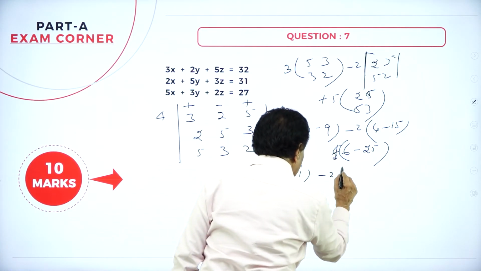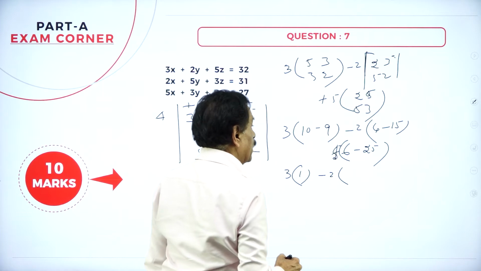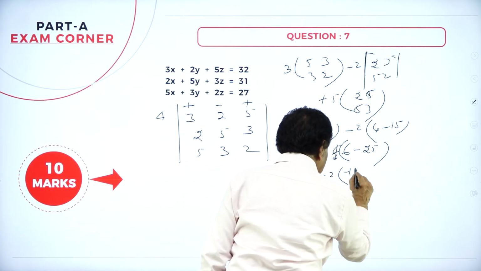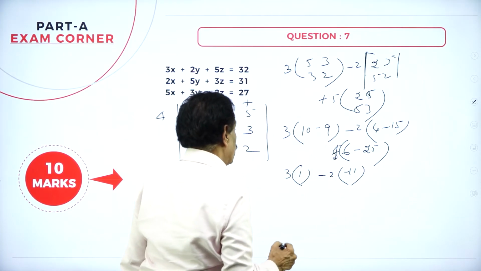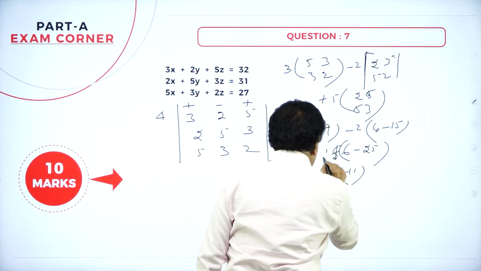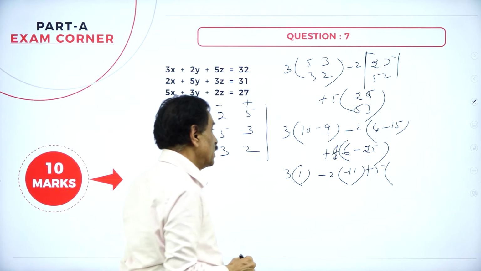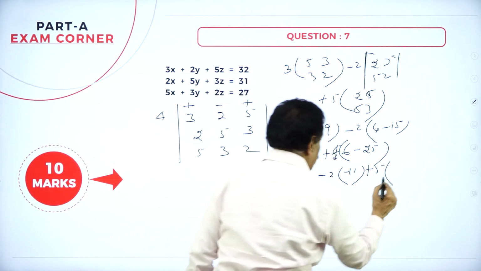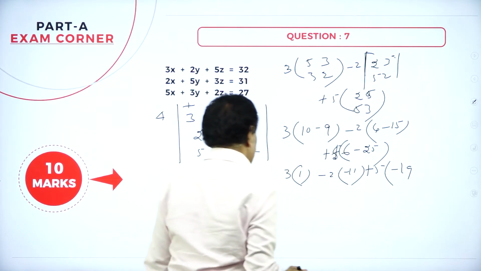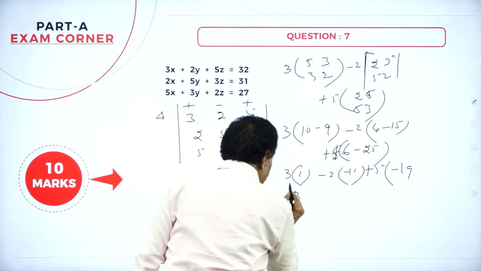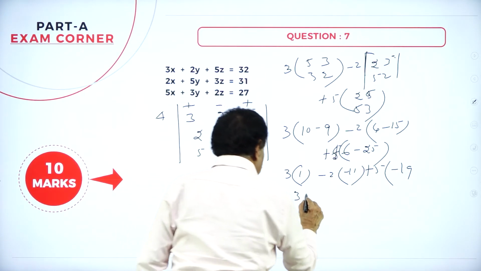Minus 2 into minus 11 is plus 22. 25 minus 6 is 19. 3 1s are 3.